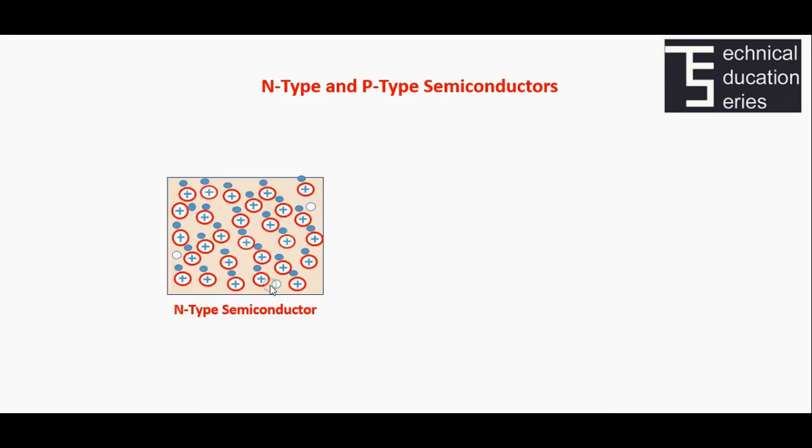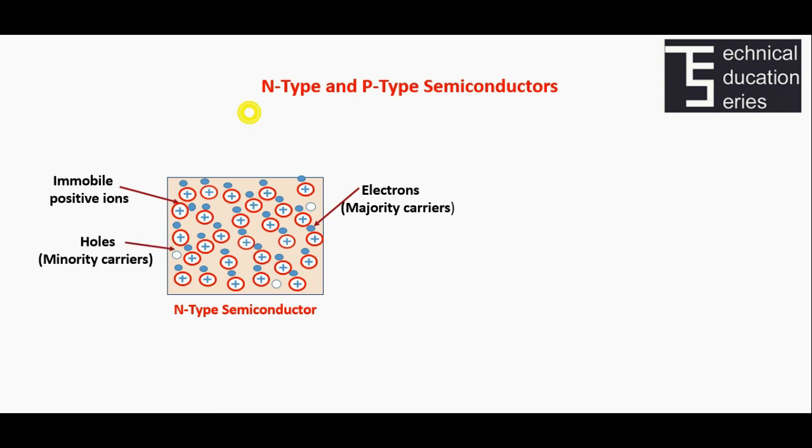As we know, N-type semiconductor is a semiconductor doped with a pentavalent impurity atom, consisting of electrons being the majority carriers and an equal number of positive ions created as a result of donating electrons at the time of doping, and a few thermally generated holes being the minority carriers.